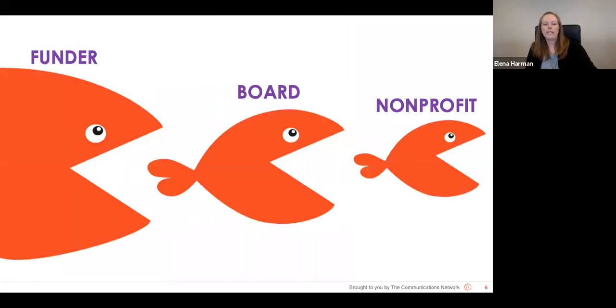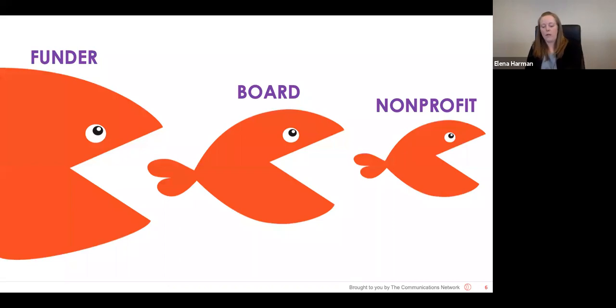I alluded to this a little bit, but in order for evaluation to be about learning more than accountability, we have to rethink where that evaluation ask comes from. Traditionally, you might be familiar with an approach that looks something like this, where the evaluation needs come first and foremost from your funder, second from your board, and the things that you want to evaluate as a nonprofit come last.